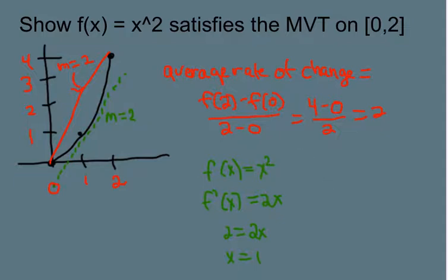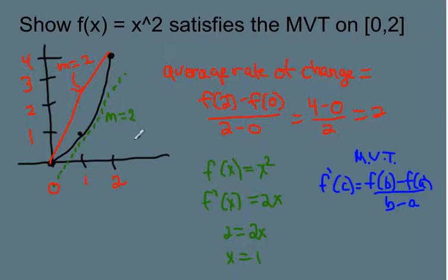The mean value theorem here is saying: when does the derivative at C equal the same value as f of b minus f at a all over b minus a? We just showed that it does take on this value. To clarify, for this graph it occurs at x equals 1.